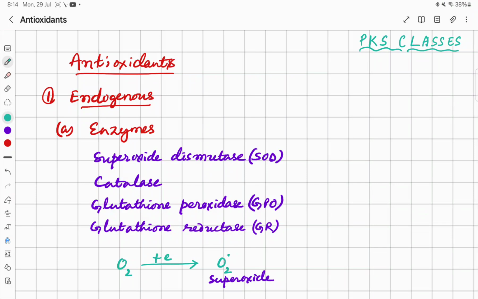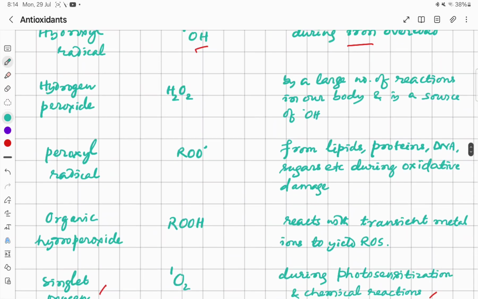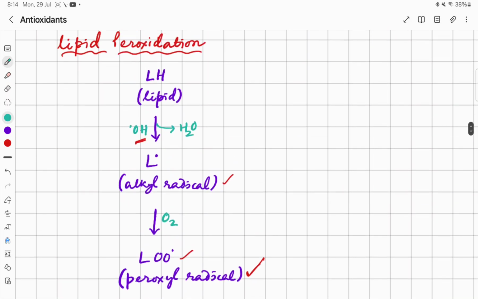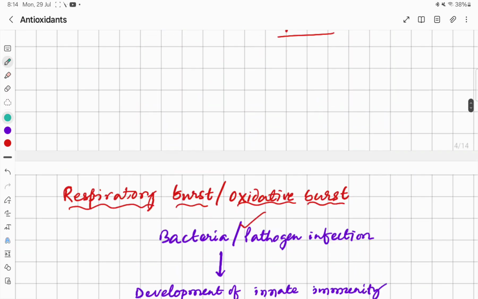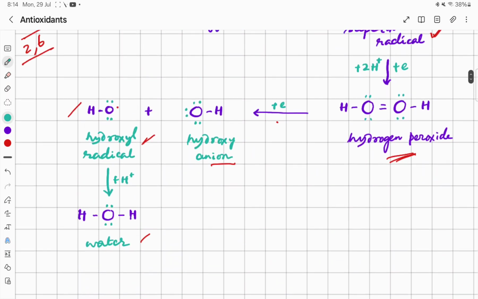Today we are going to study about the antioxidants. Please refer to our earlier class on reactive oxygen species. So, just to recall, the reactive oxygen species can be of two types, the radicals and the non-radicals.